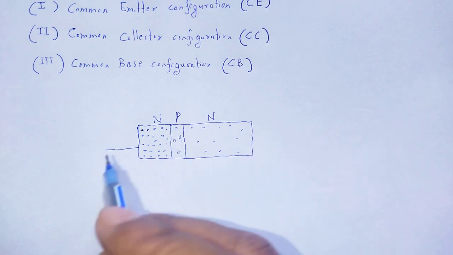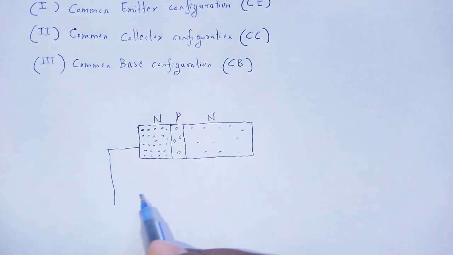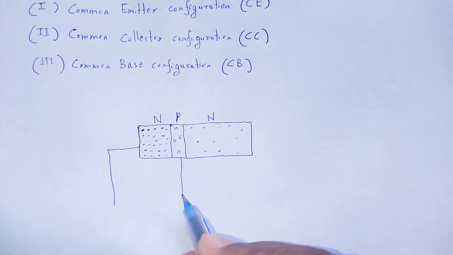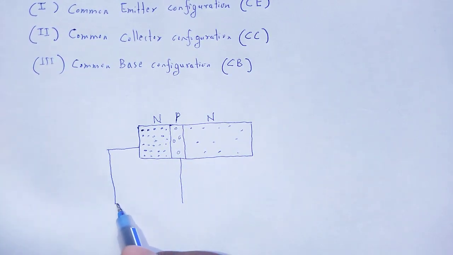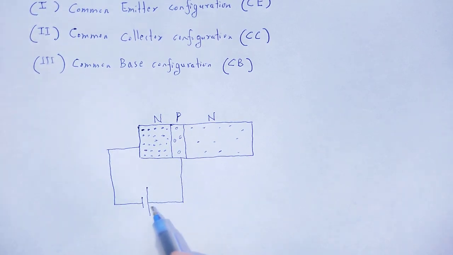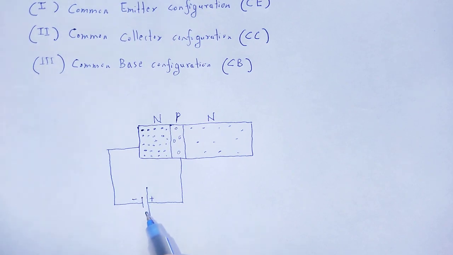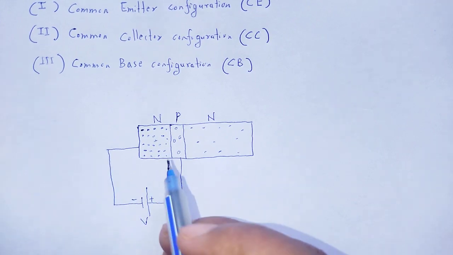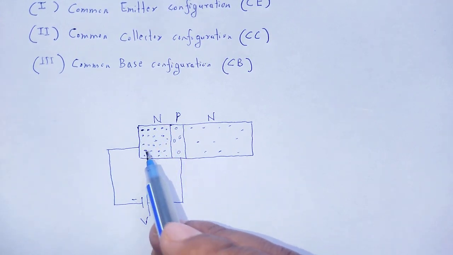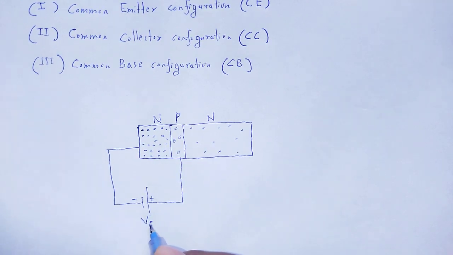So, emitter base junction must be forward biased. For N type, negative terminal, P type, positive terminal, and that potential is the emitter base potential.